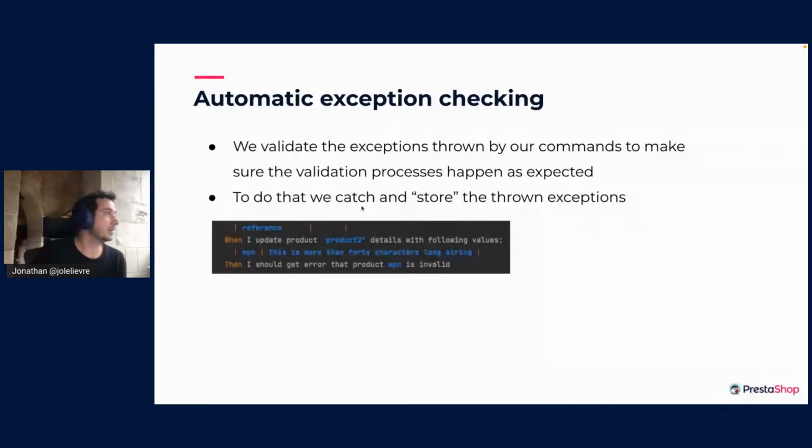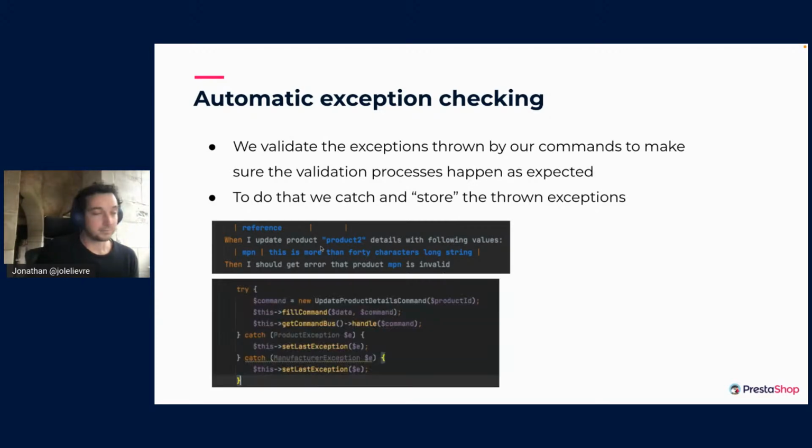So for example, here, I'm trying to update an MPN value with content that is not valid because it's too long or it has spaces. I'm not sure exactly what the rule is, but anyway, this is not a valid value for the MPN field. And so when the command is executed, a manufacturer exception will be thrown, and we catch this exception and store it temporarily so that we can validate it in the second step.